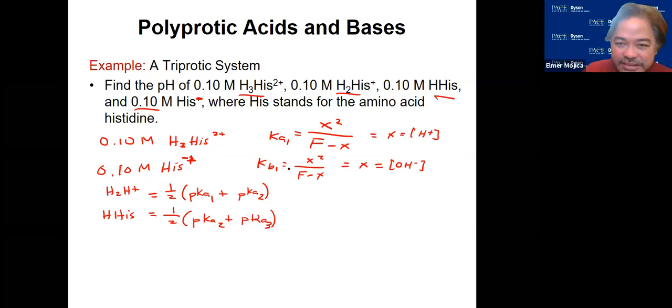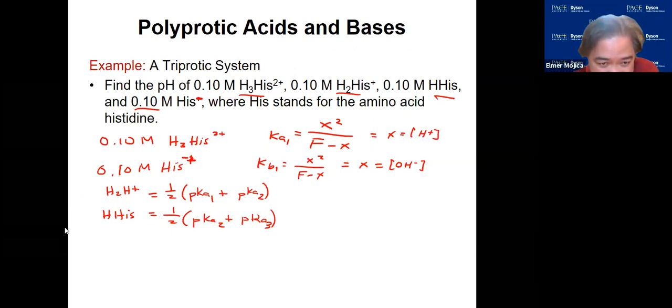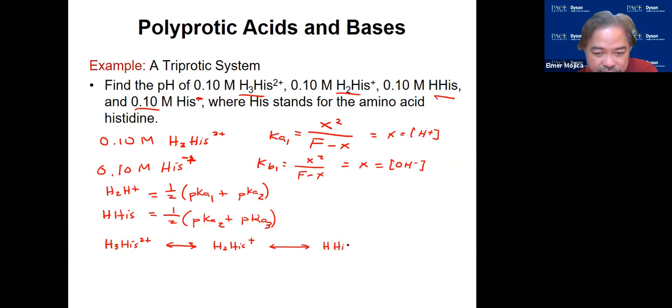Because what does it tell us? If we're going to look at this in terms of composition, you have here H3 histidine 2 plus, H2 histidine plus, H histidine, and then the histidine minus.